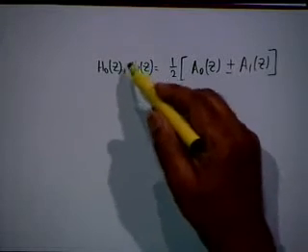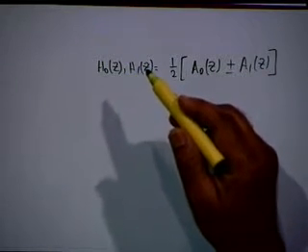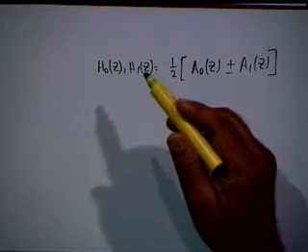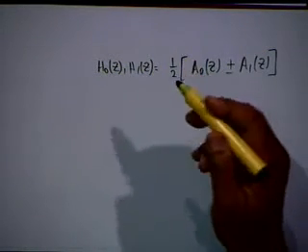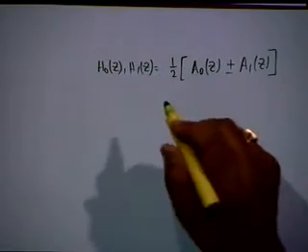And we defined a frequency called the crossover frequency, at which either of these has a magnitude equal to 1 by root 2, magnitude squared is half.